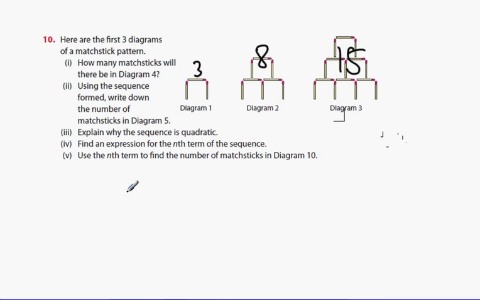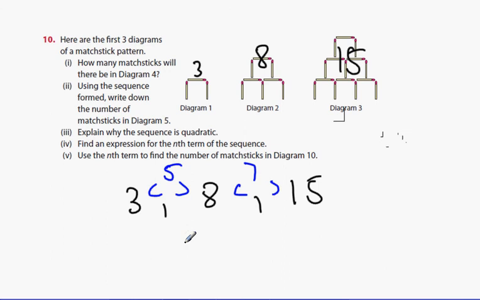What's the gap between 3 and 8? 5. What's the gap between 8 and 15? 7. Okay, what's the gap between 5 and 7? So the second difference is 2, correct?